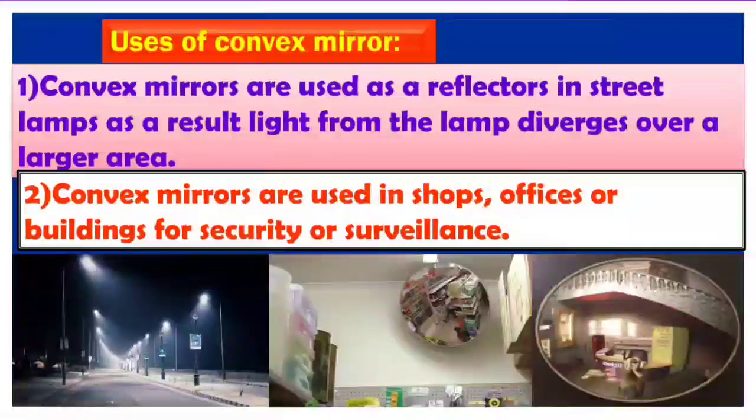Because a convex mirror has a wide field of view, it is used in shops, offices, buildings for security or surveillance. Students, remember, a convex mirror is also known as a fish eye mirror because it works like a fish eye.